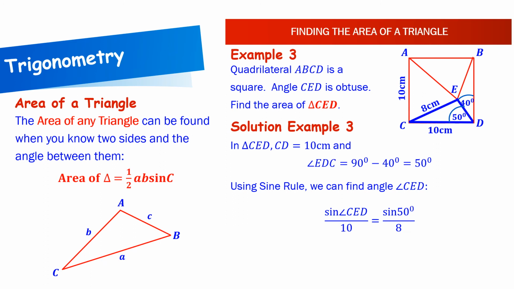Using the sine rule, we can find angle CED. So sine of angle CED over 10 equals sine 50 over 8.